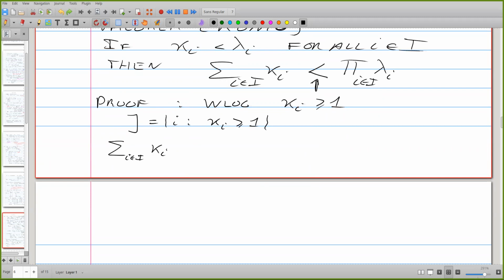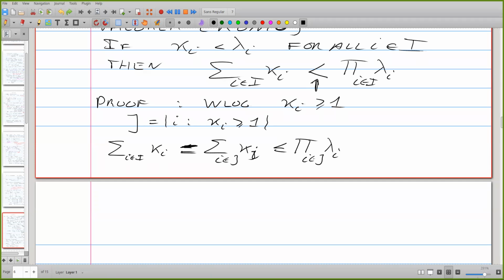If I take the full sum, then I have a few zeros, so it's equal to the sum of all the kappa_i's where i runs through J. Then if we assume the result for all the kappa_i's bigger than or equal to 1, then we get this.